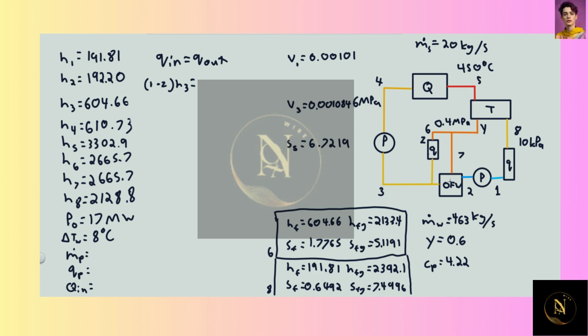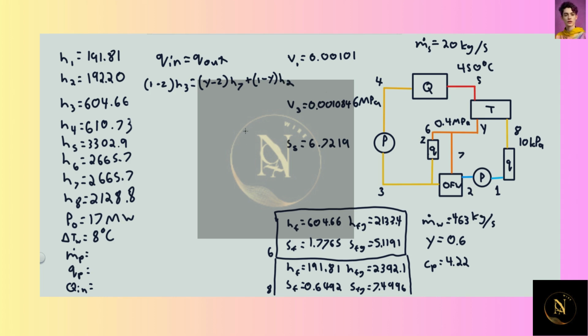So then that will be equal to our Q in. Our Q in is coming from 2 places. First at 7, which is only a fraction of our Y value. So it will be (Y minus Z) times H7, plus the energy coming in at 2, which is (1 minus Y) times H2.